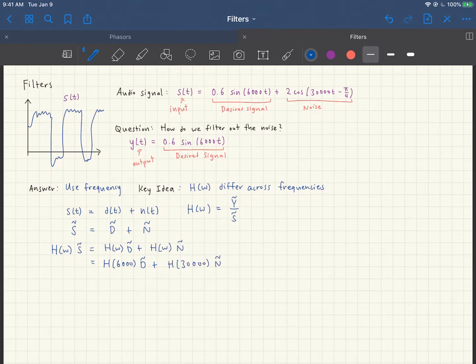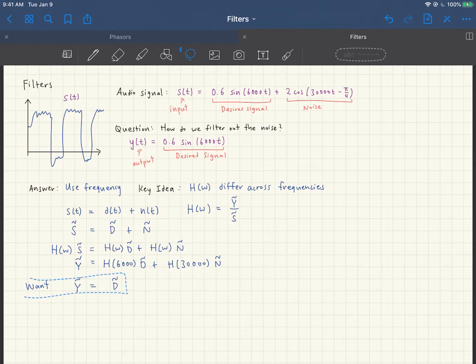And remember that h of omega is equal to y tilde over s tilde, so this is going to be y tilde. Now, because we want our output here to be equal to the desired signal, we want y tilde to be equal to d tilde.